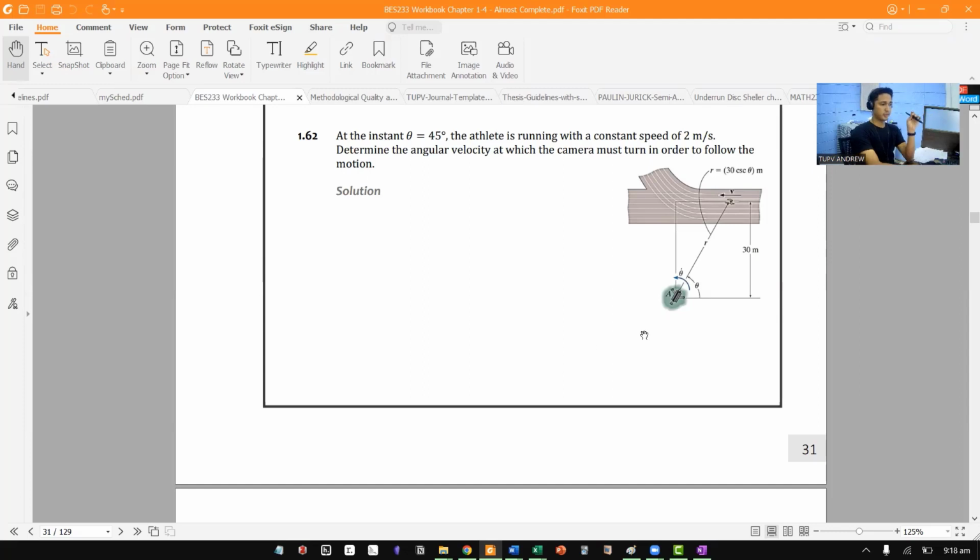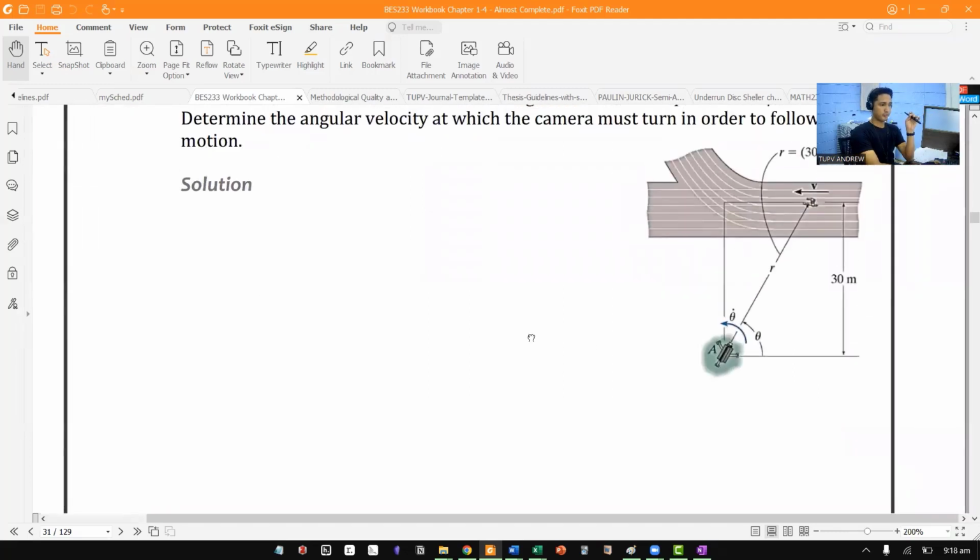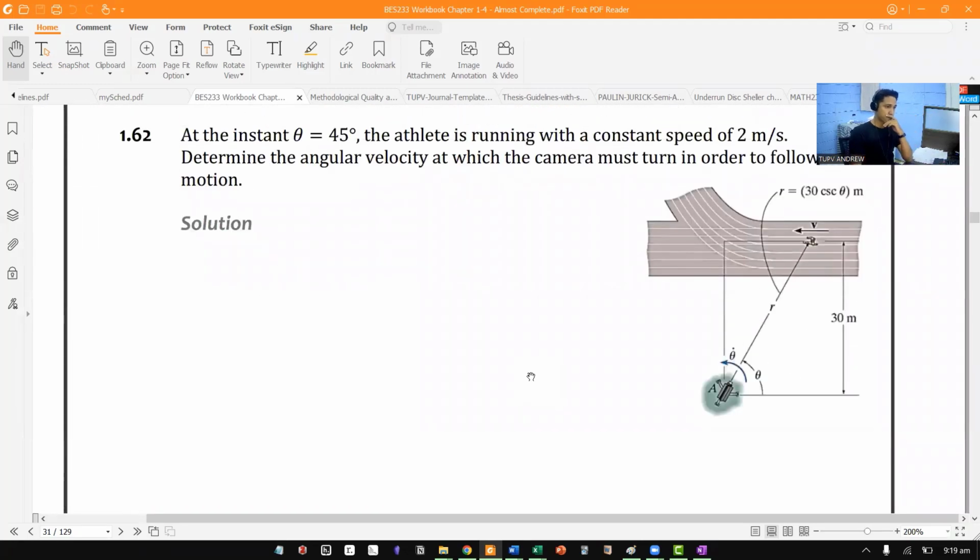In the figure of the camera, the origin is at point A, the positive direction is counterclockwise, and the distance of the runner from the camera is 30 meters in the vertical direction. What is being asked is the angular velocity, which is theta dot. So how do we solve this one?